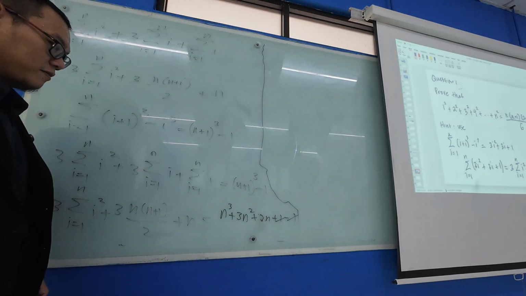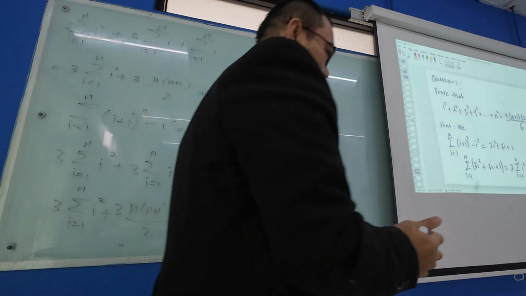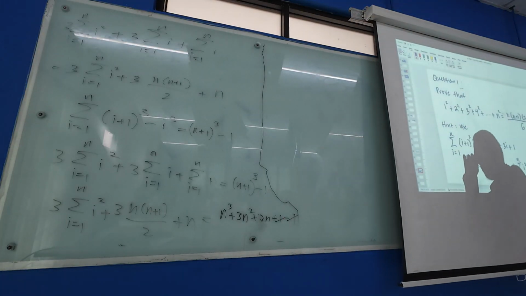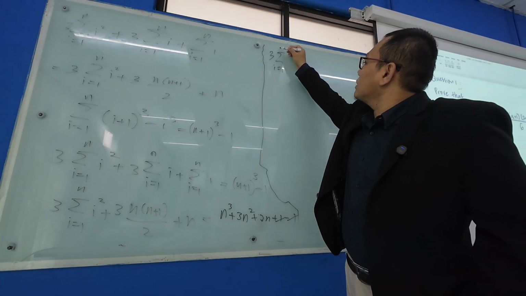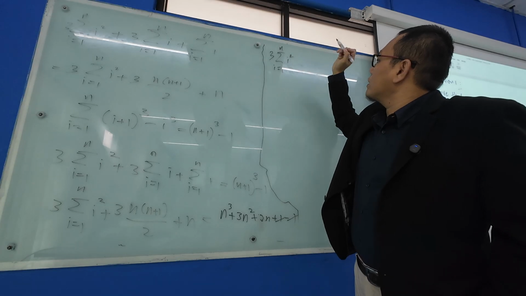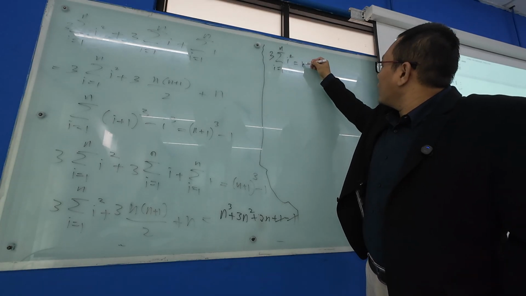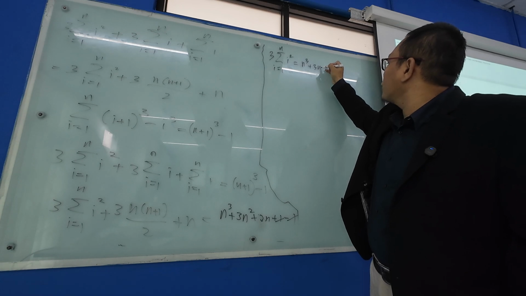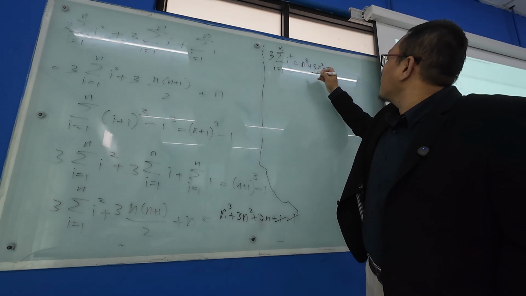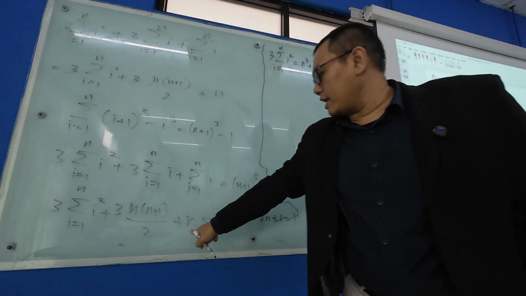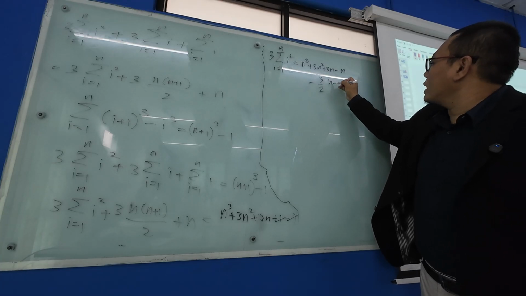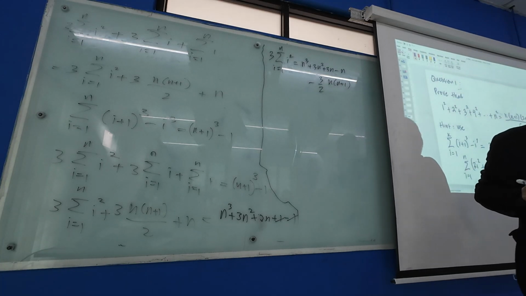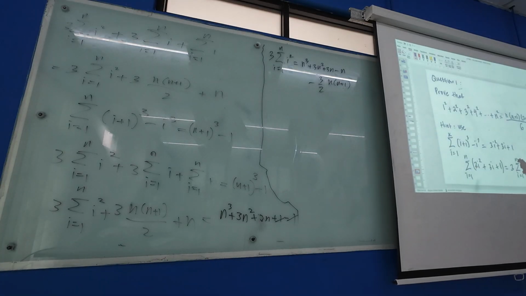So we have 3 sigma i from 1 until n of i square equal to n cubic plus 3n square plus 3n minus n, minus again 3 over 2 times n plus 1. Okay, and then we want to get there.